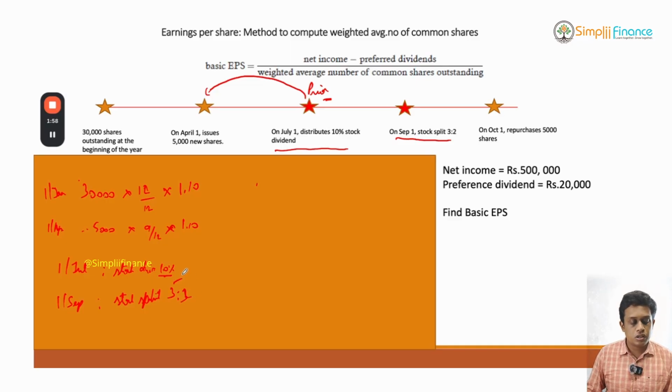That is 3 new shares from 2 outstanding shares. Again, you give a retrospective effect, meaning it has to be given for all the shares which were outstanding till the 31st of August. So 3 by 2 is what you multiply with.